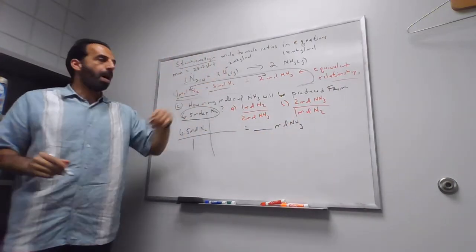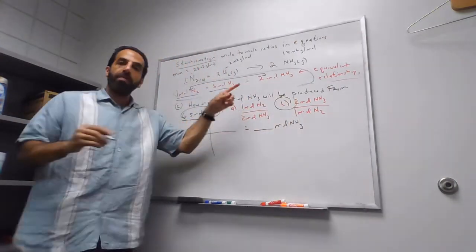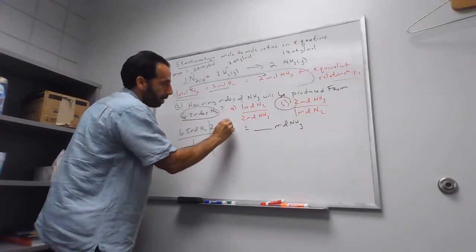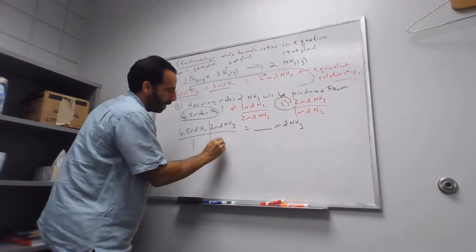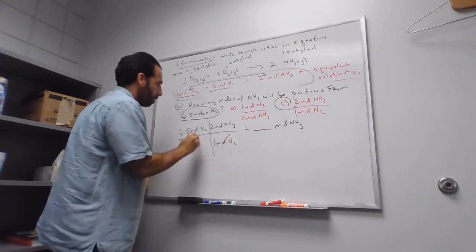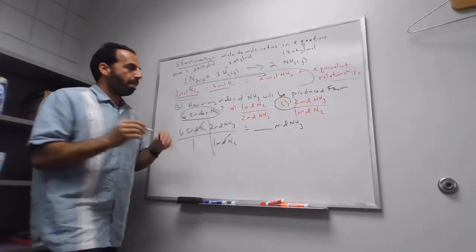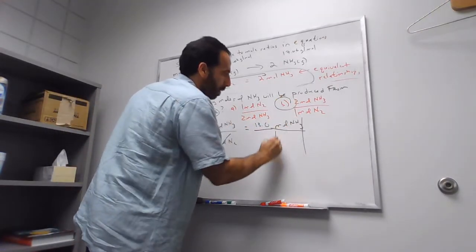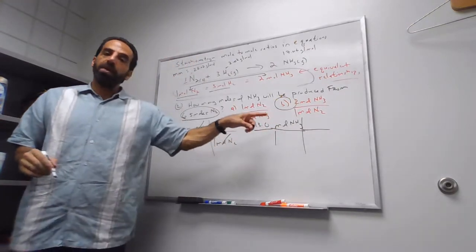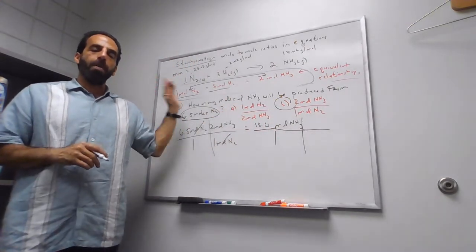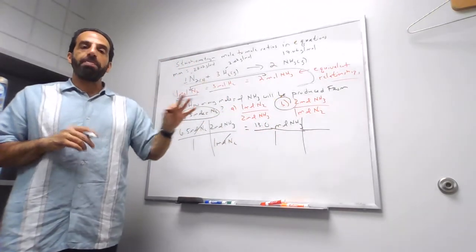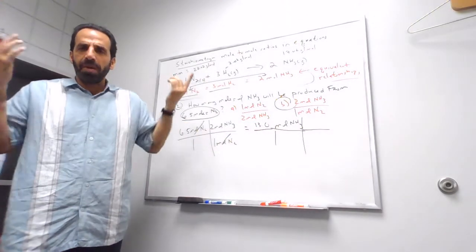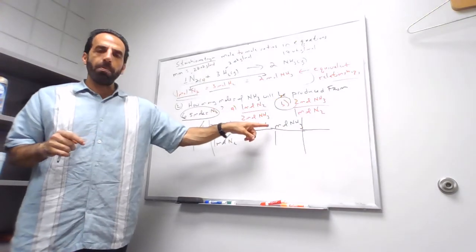So I want ammonia on top, so I'm just going to use unit factor D. So when I do that, I'm going to end up with 13 moles of ammonia. Let's go ahead and convert it to grams of ammonia, because we're always going to go from moles to grams, because in the lab, if somebody says, well, I'm going to make 13 moles of ammonia, well, how many grams is that? So at that point, we'll just use the molar mass of ammonia.